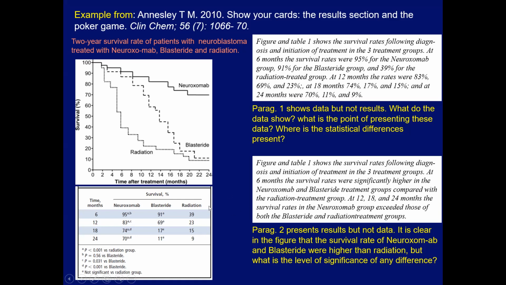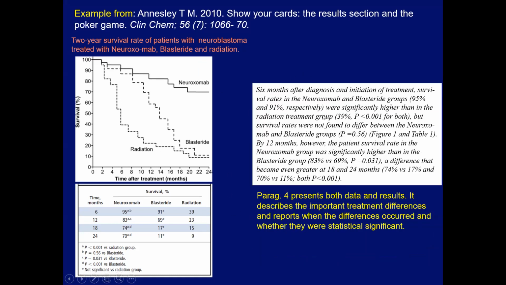If we talk about this paragraph, just focus and find the difference between this and the previous one. He said that 6 months after diagnosis and initiation of treatment, survival rates in the neuroxumab and plastide groups, 95% and 91% respectively, were significantly higher than in the radiation treatment group, 39%, with p less than 0.001 for both, which means significant.